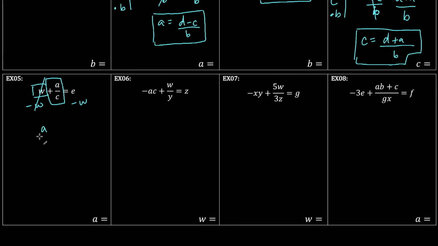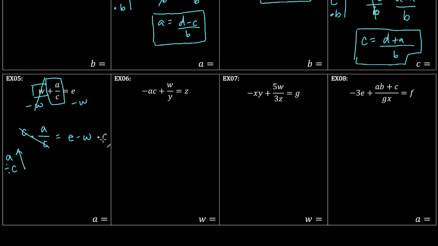So a over c equals e minus w. I'm looking for a, so a, and then I divided it by c, and I got e minus w. Work backwards, so times c.